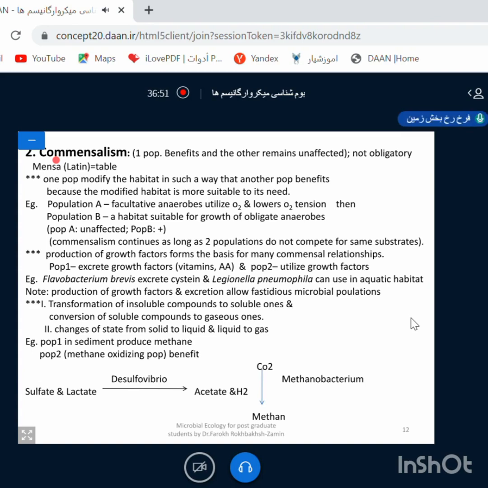If microbes use the remaining material, it makes no difference for us. If nothing uses it and it goes completely out of the body, it makes no difference for us. So there are some commensals present in our large intestine. They use some unused food from humans.